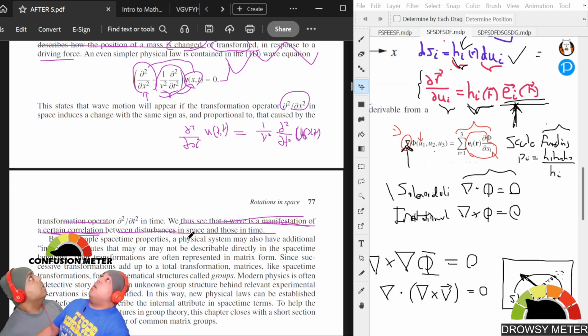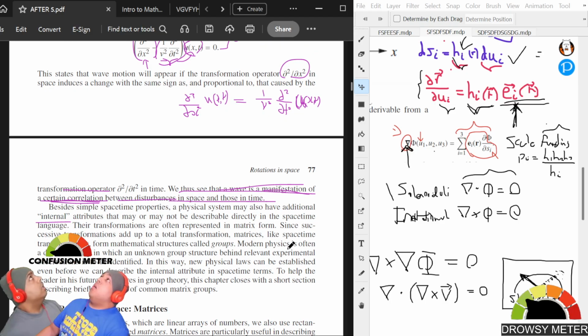Besides simple spacetime properties, a physical system may also have additional internal attributes that may or may not be describable directly in the spacetime language. So you can't tell everything based on the equation.